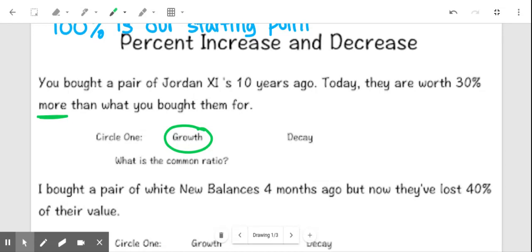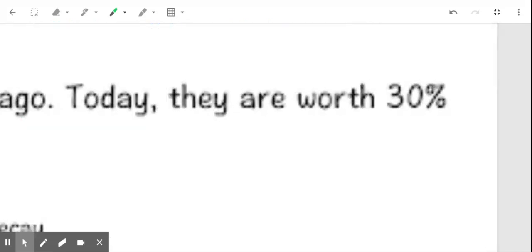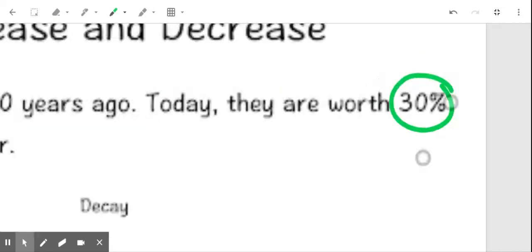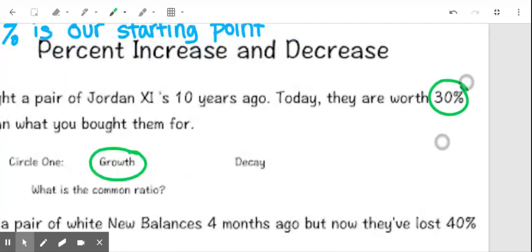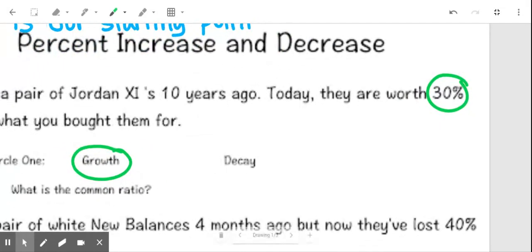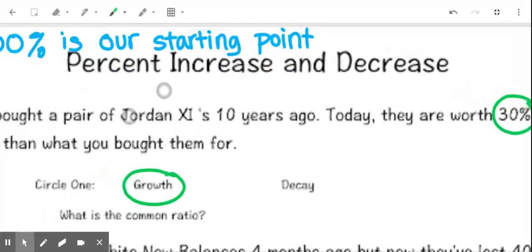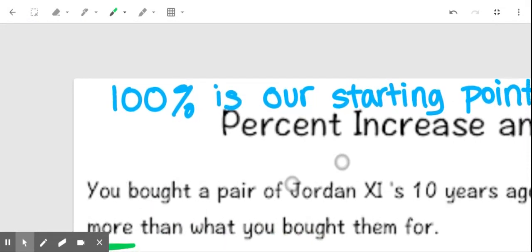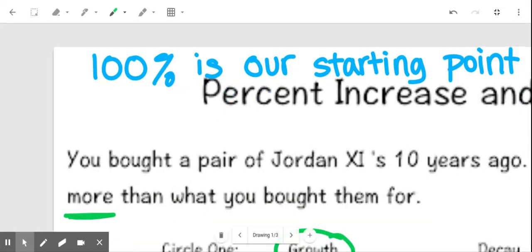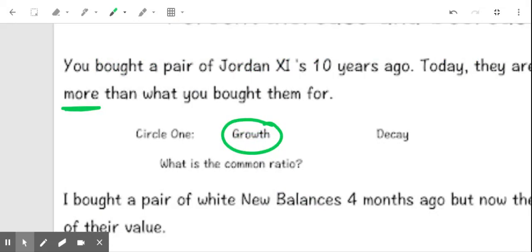So how do we take this 30% that we know is obviously important? It's in the problem. It's the only number in the problem other than our 10 years. How do we make sure that we are growing at 30%? Well, if you were paying attention about 2 minutes ago, what's our starting point? 100%. So we need to actually add that 30% to our 100%.